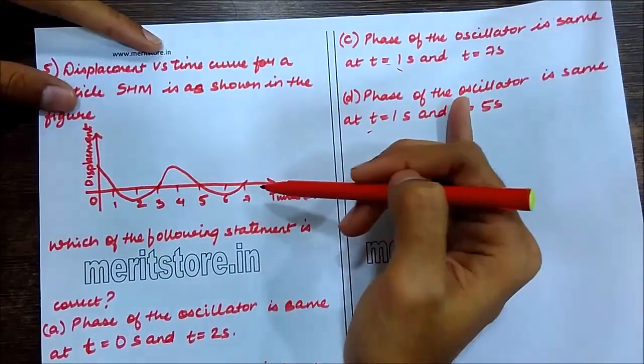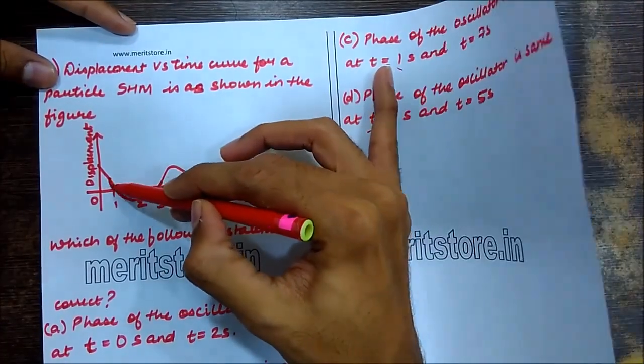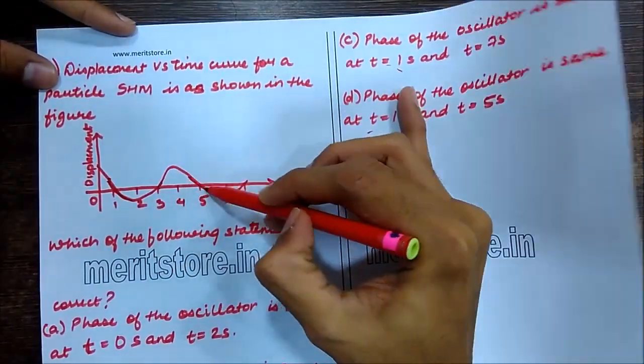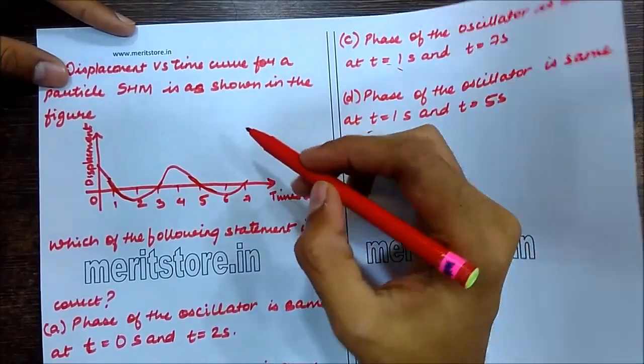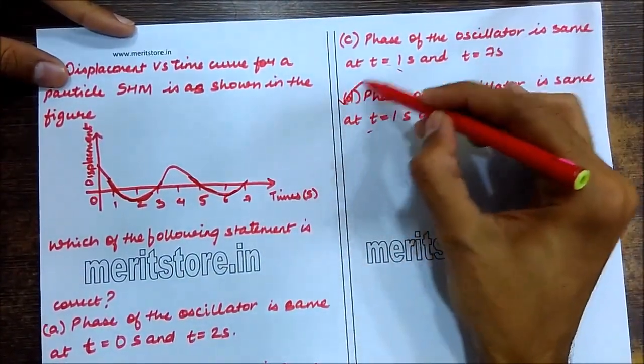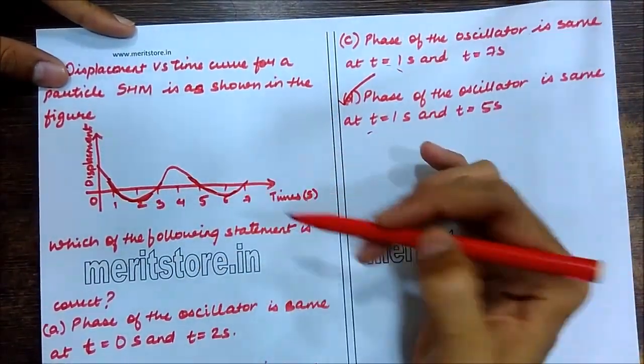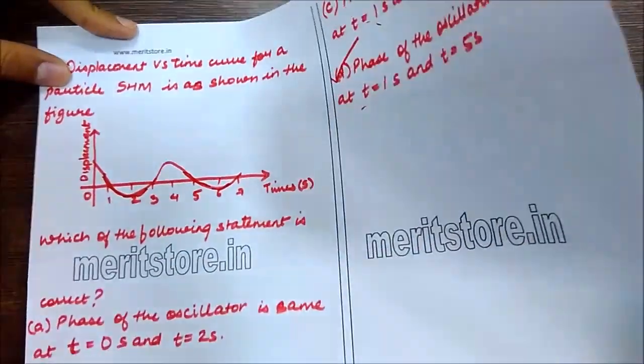Here there is a displacement versus time graph. The phase, as we can see here, is the same when the time is 1 second and 5 seconds. Also the phase will be the same when t equals 2 seconds and t equals 6 seconds. So the correct option is D, where the phase of the oscillator will be the same when t equals 1 second and t equals 5 seconds.